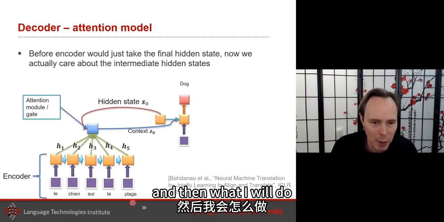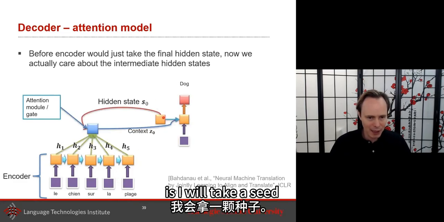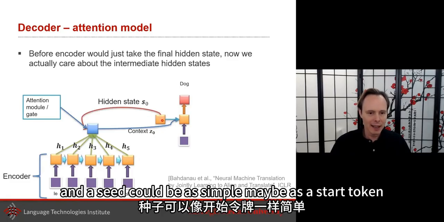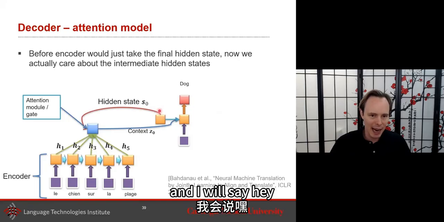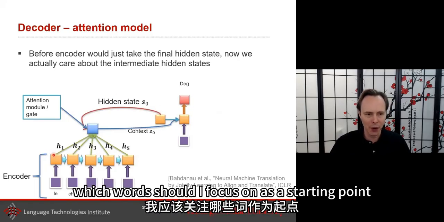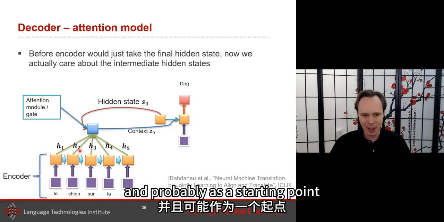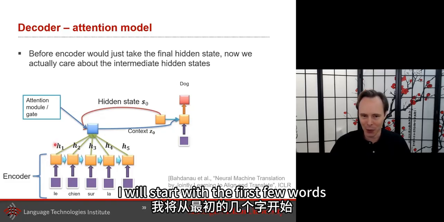Then I will take a seed, which could be as simple as a start token, and ask: which word should I focus on as a starting point? Probably I will start with the first few words.